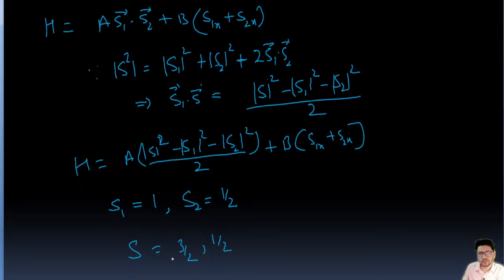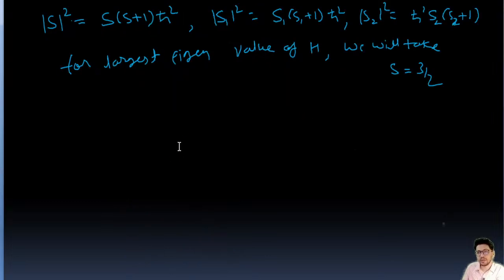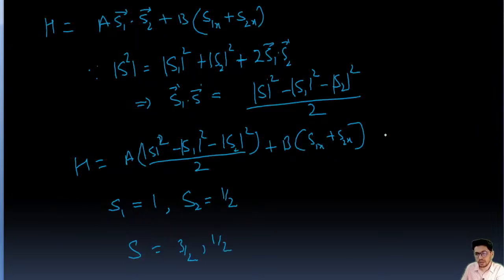S is 3 by 2, and so we'll take the largest value for getting the largest value of H. So now we'll put the value here in the equation. You can say this is equation 1.